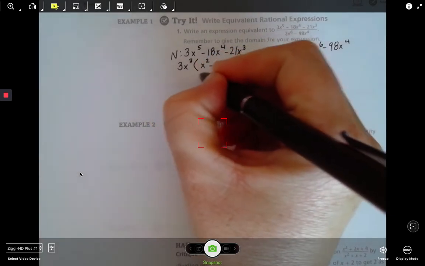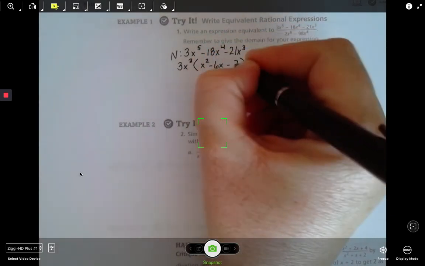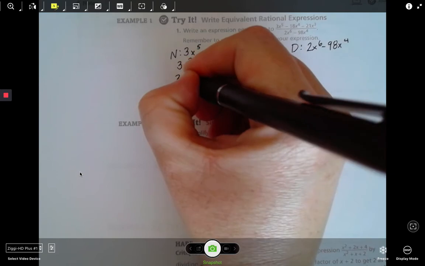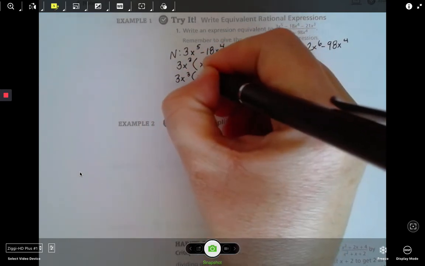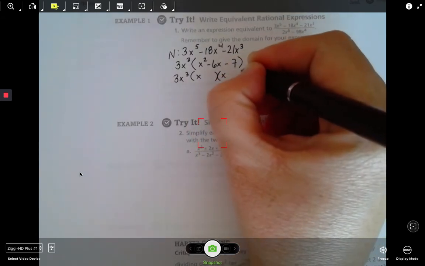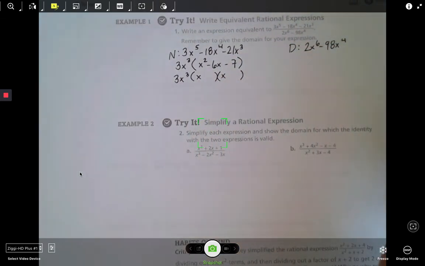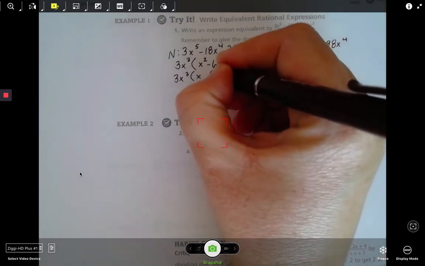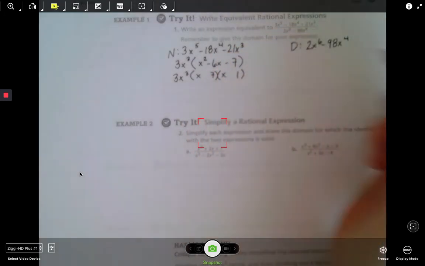Now I need to factor what's in parentheses. I need two numbers that will multiply to give me negative 7, but add together to give me negative 6. Well, there are only two factors of 7, and that's 7 and 1.